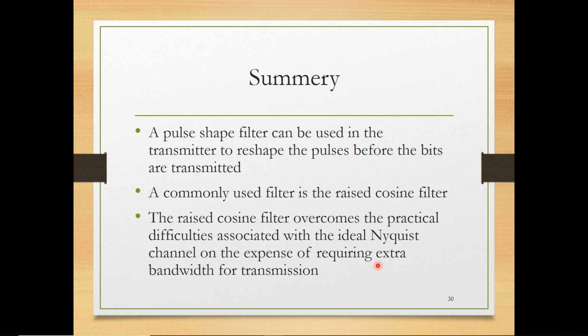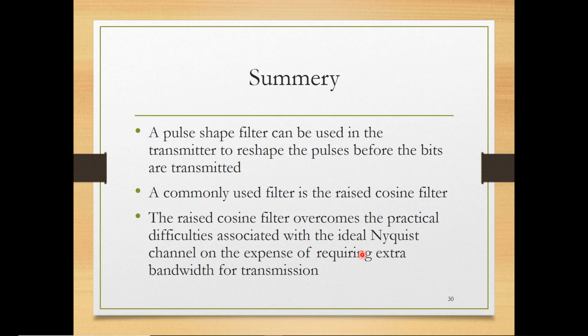In an ideal Nyquist channel, a pulse shape filter can be used in the transmitter to reshape the pulses before the bits are transmitted. For example, if you want to reshape using raised cosine, you use this reshape function. Commonly used filters are the raised cosine filters, which are practical filters because you can design them and control them by alpha.